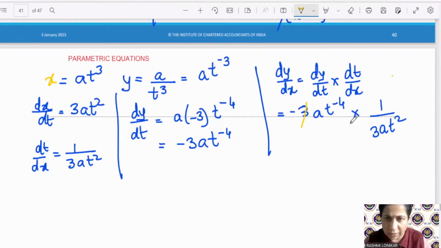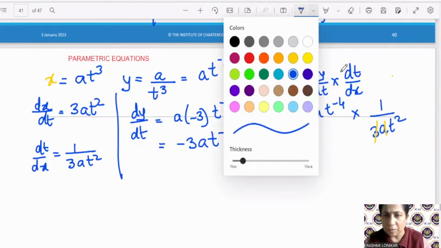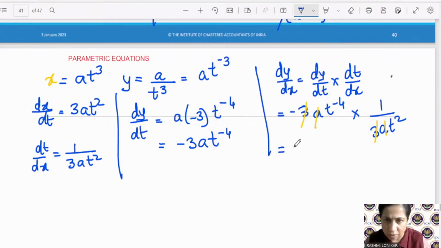So my 3 will cancel with this 3, my a will cancel with this a. What will I be left with? In the numerator, I have minus t raised to minus 4 upon t square. Now I cannot cancel this, because this is minus t raised to minus 4 upon t square.